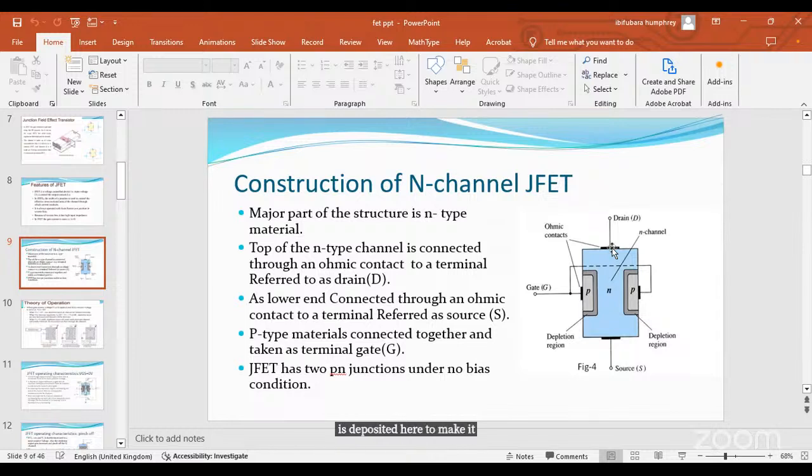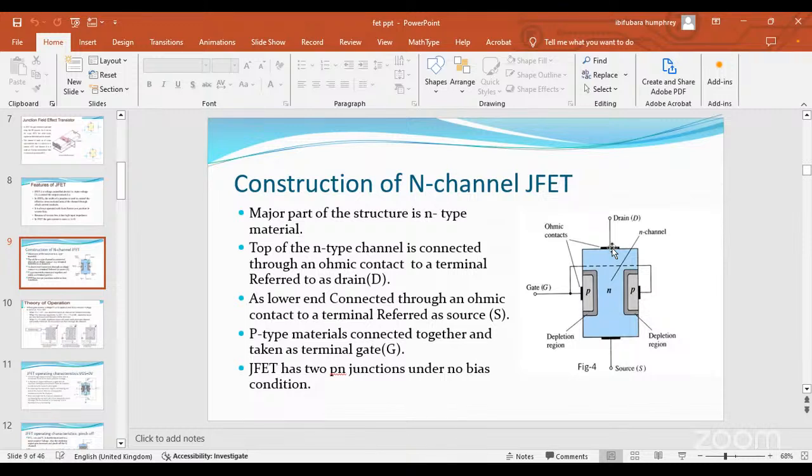At the base here, another ohmic terminal, that is conducting material, is deposited to make it a source. Then here, another terminal is made, the gate terminal.